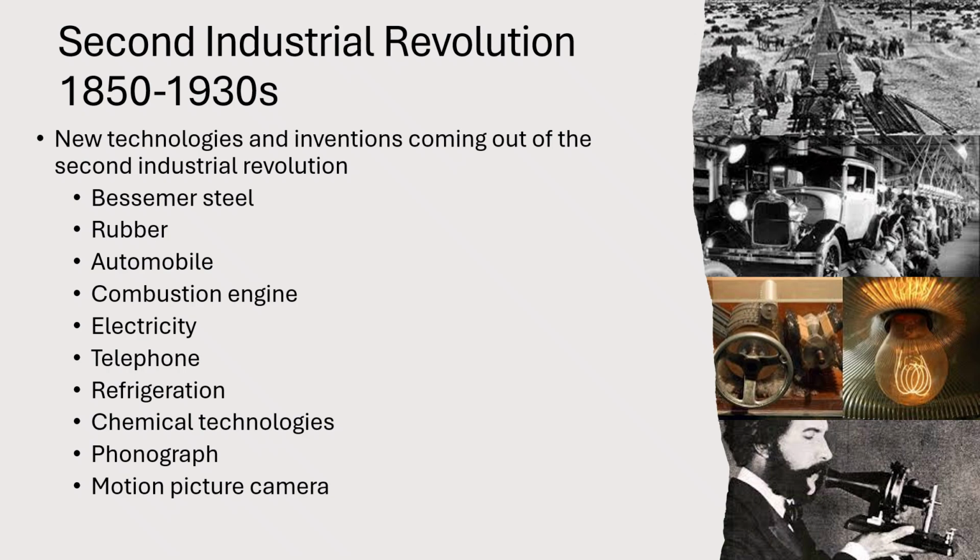Fertilizers as well become synthesized and are used to grow plants and optimize plant growing, which of course is going to further agriculture. And then you have the phonograph, which is invented in 1877 by Thomas Edison.